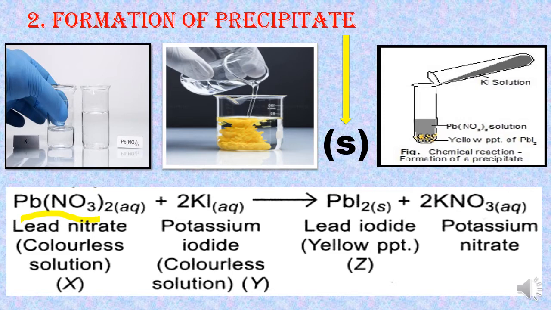Pb(NO3)2, lead nitrate in the aqueous state, which is colorless in nature, reacts with potassium iodide in the aqueous state, which is also colorless, to produce lead iodide, which is the precipitate here, or we can write small s, which is yellow in color, along with the formation of potassium nitrate in the aqueous state.